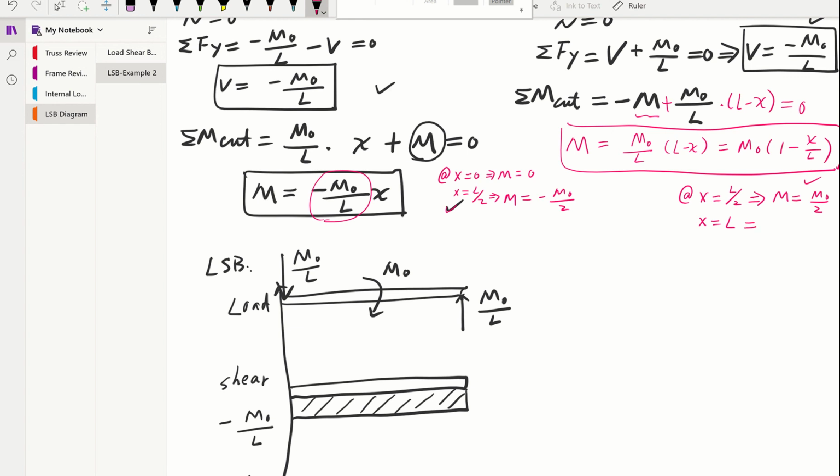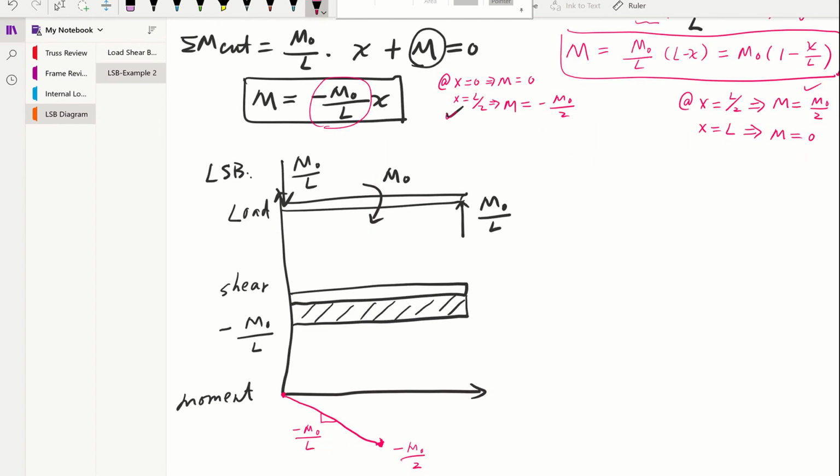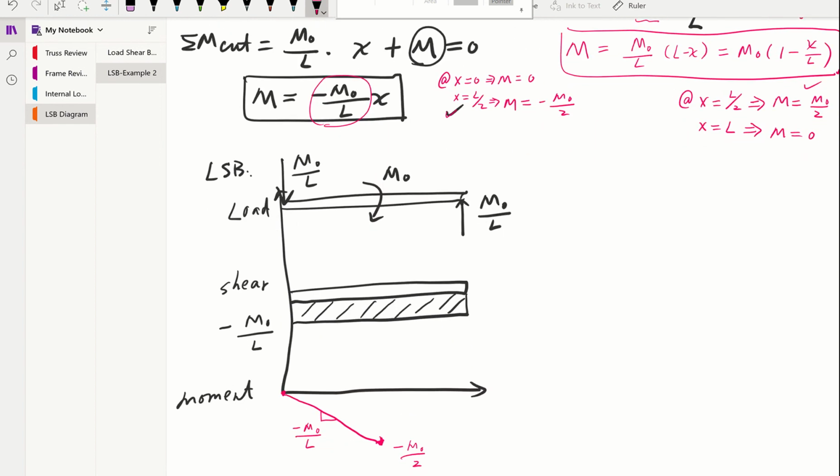And when you plug x equal to L, that will be giving us M equal to 0. So we now know the beginning and end point for the second half of the beam. The beginning point is m naught over 2, and end point is 0.